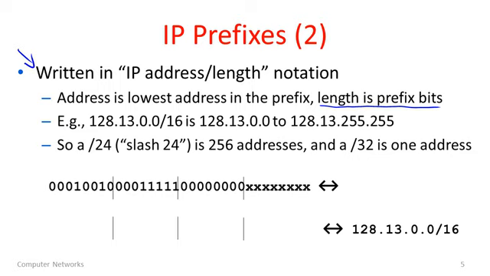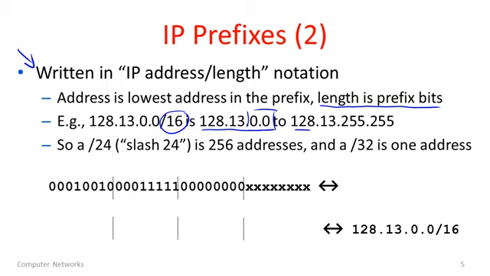So, for instance, 128.13.0.0/16 means it has a 16-bit length prefix, so the last 32 minus 16, or 16 bits, will be free. So the addresses will range from the bottom address, which was given as part of the prefix, to the same address when I turn on all of the bottom 16 bits.